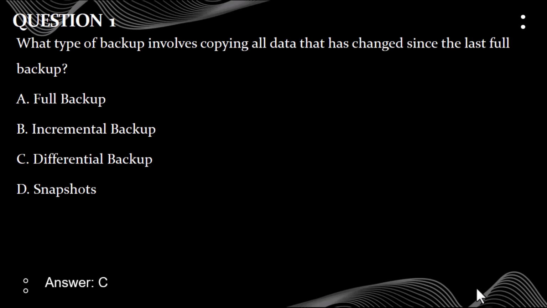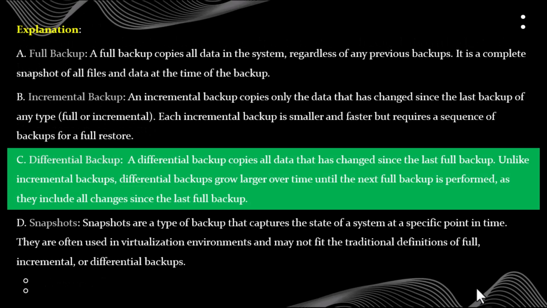The differential backup copies all data that has changed since the last full backup. Unlike the incremental backup, the differential backup grows larger over time until the next full backup is performed.